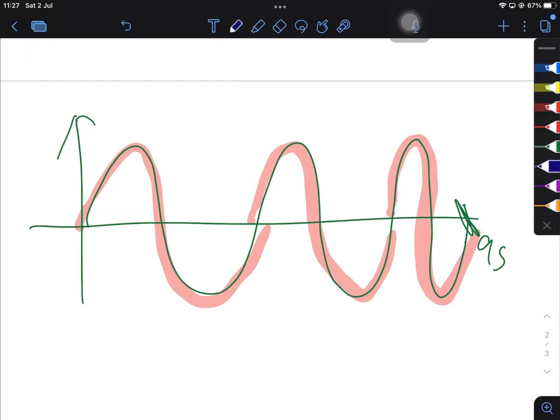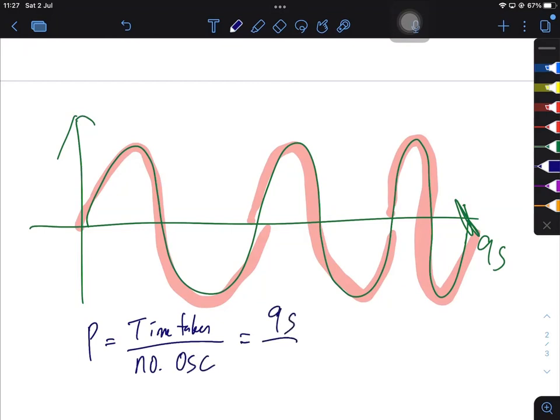It is 3 seconds, guys, because period by definition is the time taken over the number of oscillations, which in this case the time taken is 9 seconds and there are 3 oscillations here. That's why it's going to be 3 seconds. Guys, I want to highlight something about this period here. You should always remember that it is related to time, right?